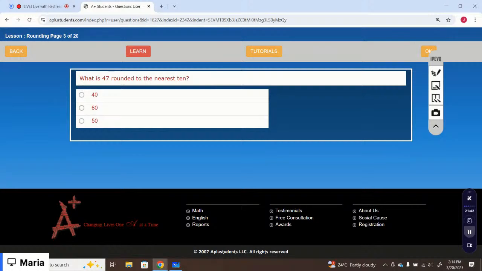What is 47 rounded to the nearest 10? So, which is the correct option? 47 is rounded to 50.